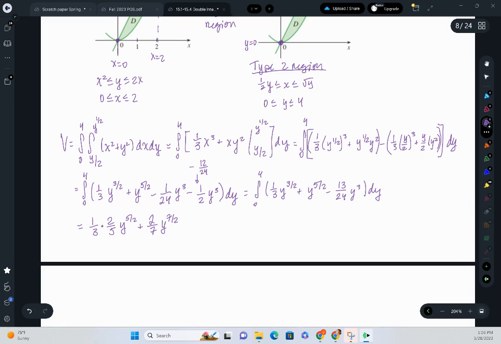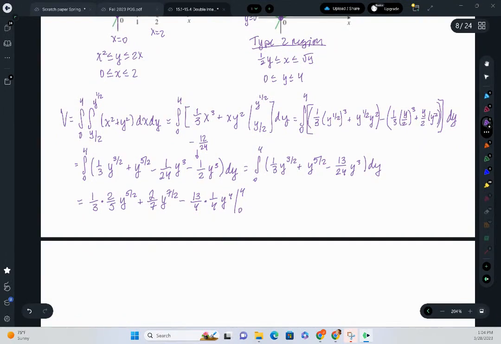Y to the 7/2 minus, and now here things are a little nicer, 13 over 24 times 1/4 y to the 4th, and we'll be evaluating these from 0 to 4. I lost my 2 in 24. There we go.